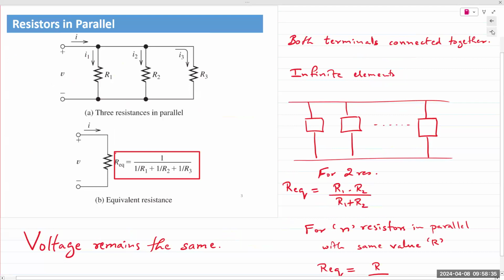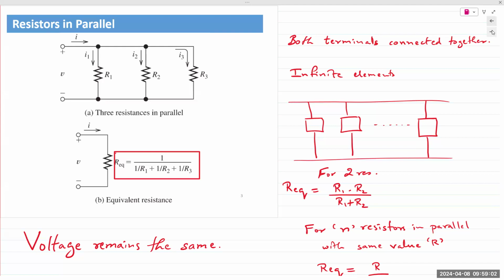Resistors in parallel. If you have 30, 30, 30 in parallel, what is the resulting Req? Should be 10. 30 divided by 3, 10. Now your brain needs to be trained to think, if it's a parallel connection of resistors, the resulting Req will always, always, always be smaller than the smallest value in that network.